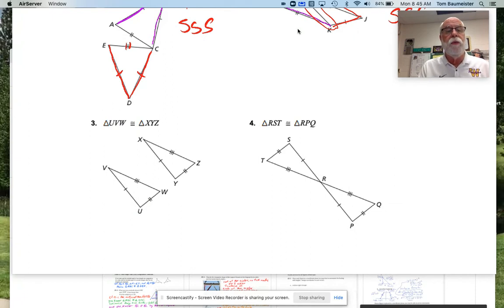All right, number 3, UVW is congruent to triangle XYZ. So UVW. I'm going through the one marked 1, and then I'm going through the one marked 2. Then VW is marked 3, and then we would end our triangle with the one marked 2. So I'm going to have to do the same thing: 1, 3, 2.